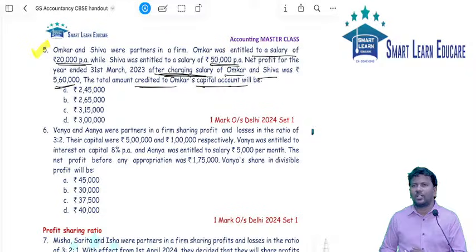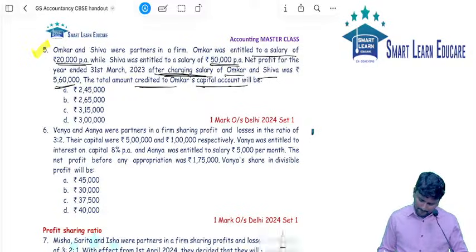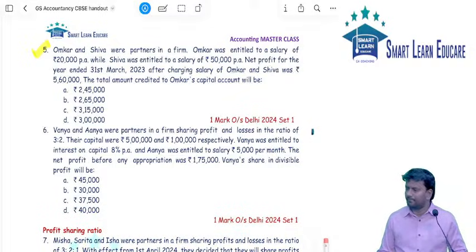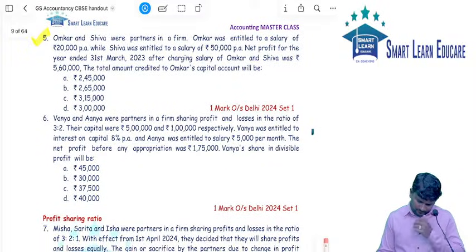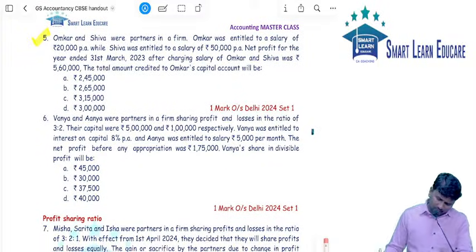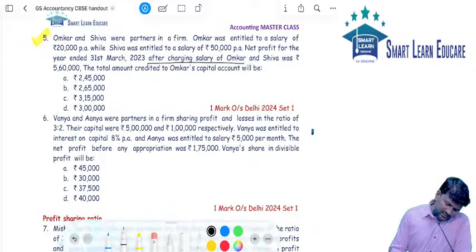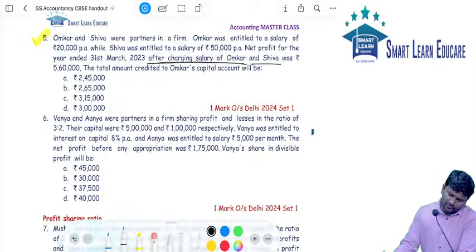Some people are not answering. Everybody please do answer. The important thing in the question is after charging salary of Omkar and Shiva.